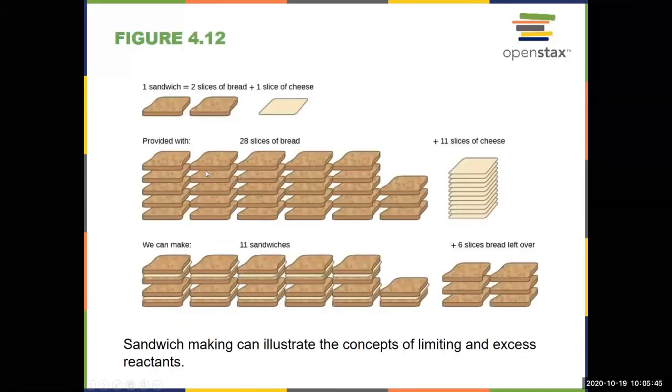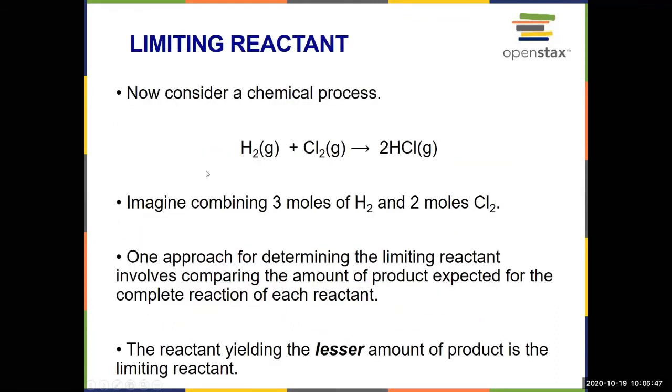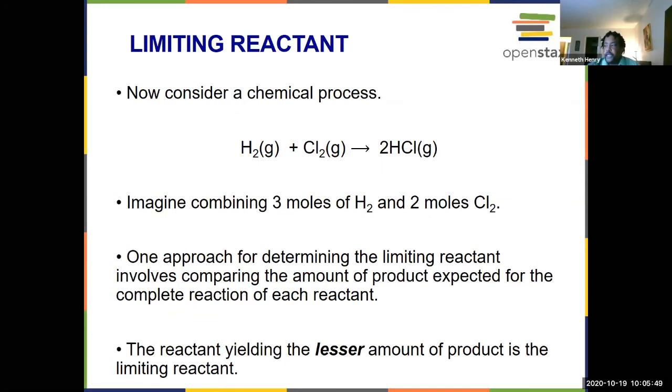So when we're working with limiting reagents, we always want to determine which one is going to give the least of our product. Let's assume in this situation that we have 3 moles of hydrogen gas and 2 moles of chlorine gas. Which one is going to be limiting?